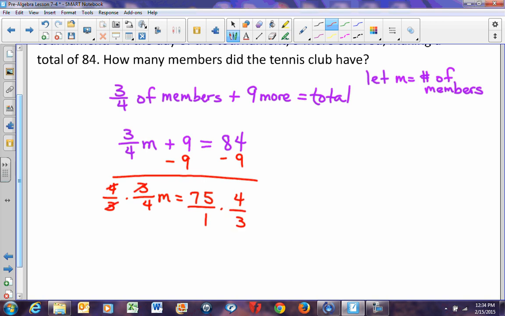These will cancel out, leaving me with m. I know that 75 is divisible by 3 because 7 and 5 is 12, and 12 is divisible by 3. 75 divided by 3 is 25. And 25 times 4 is 100. So they had a total of 100 members.